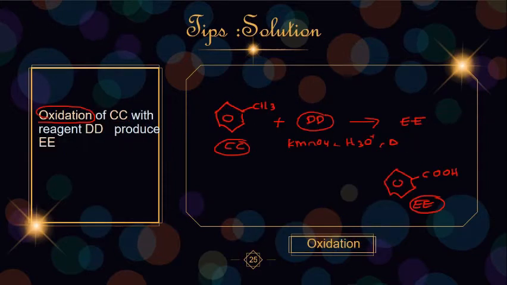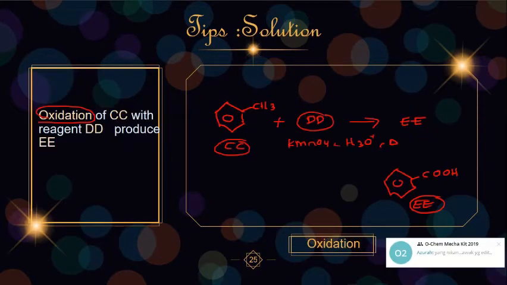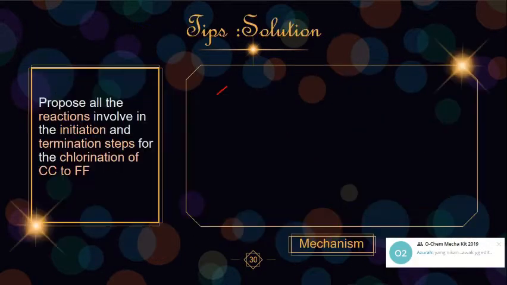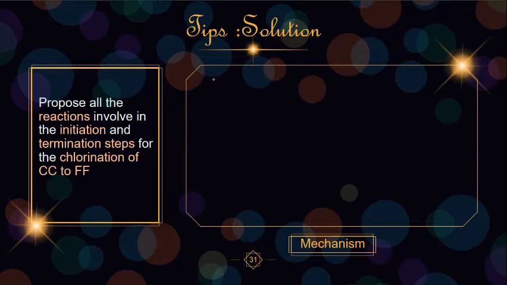What is actually our CC? CC kita adalah toluene. Okay, CC kita tadi toluene. Okay, so kalau untuk chlorination plus dengan Cl kan, chlorination. Jadi kita ada first step iaitu chain initiation step. This is actually chain initiation step.